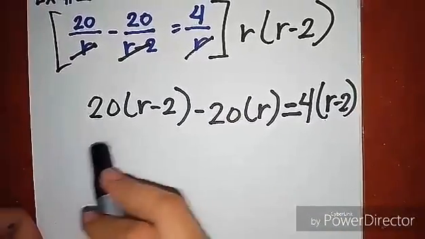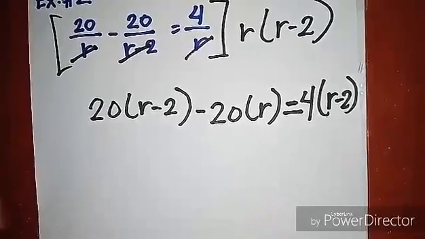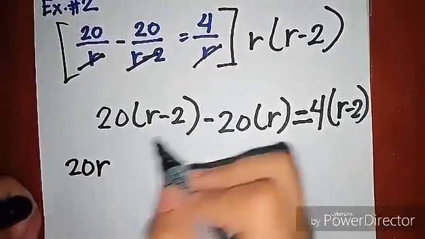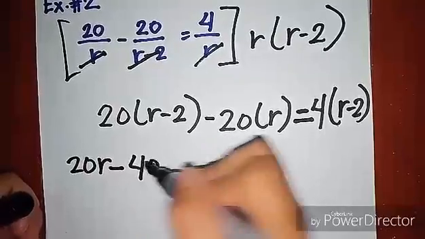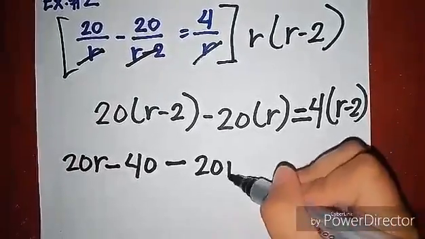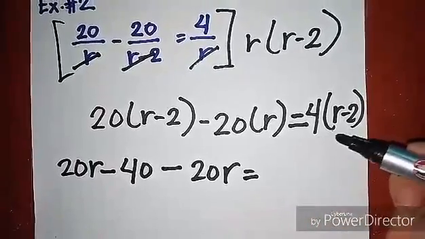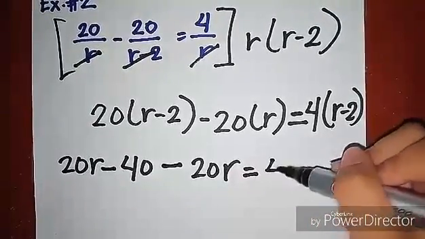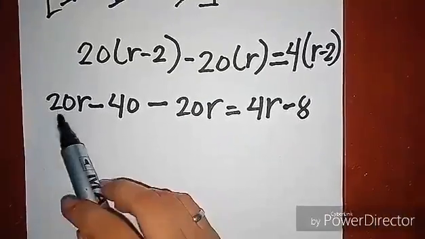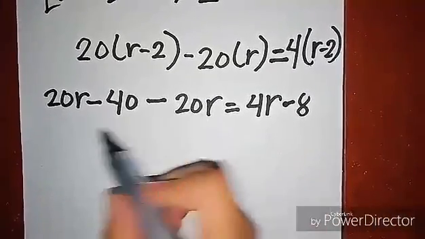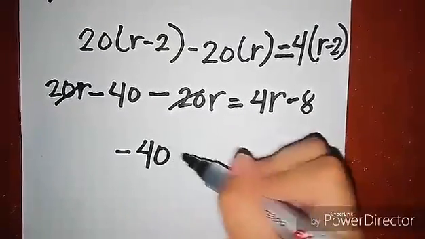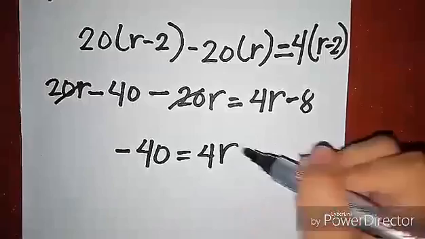Distribute. 20 times r minus 2 equals 20r. 20 times negative 2 equals negative 40. So 20r minus 40 equals 4 times r minus 2, which is 4r minus 8. 20r minus 20r cancel. So negative 40 equals 4r minus 8.